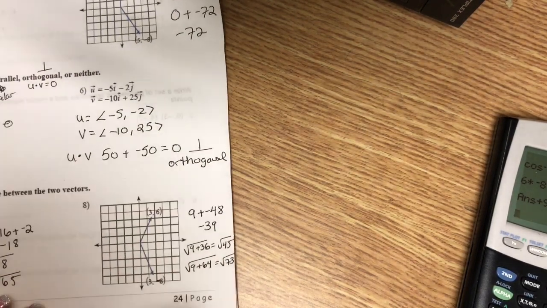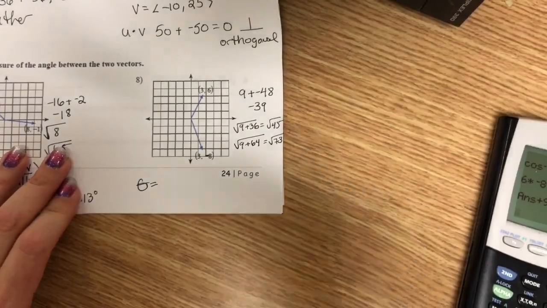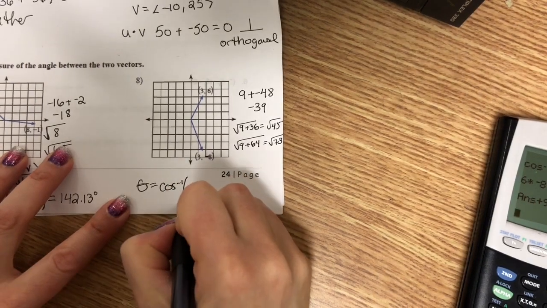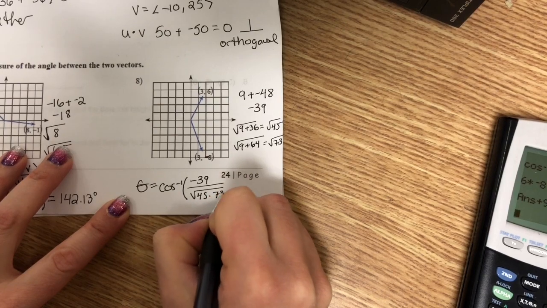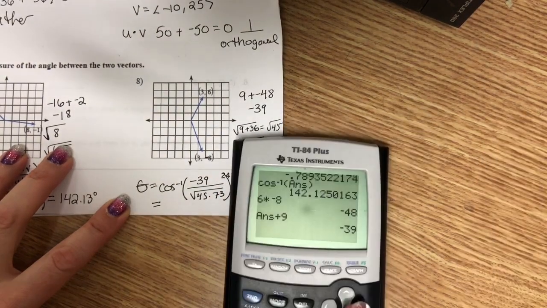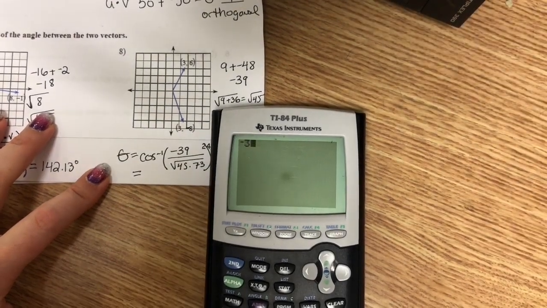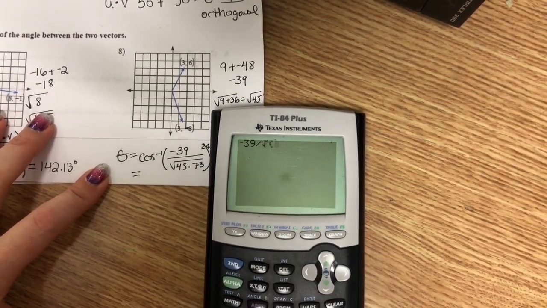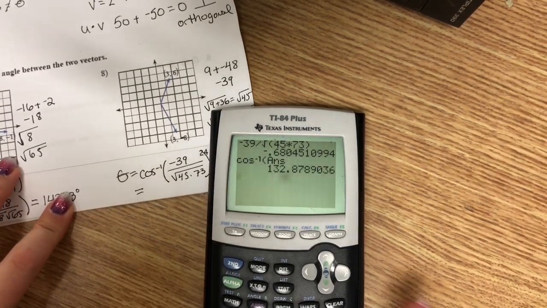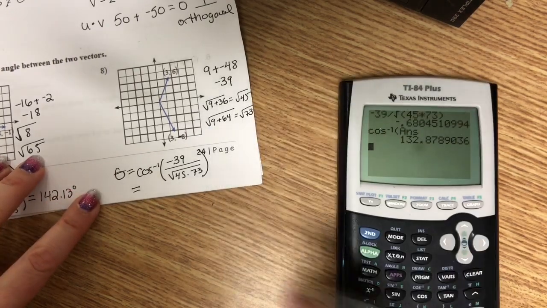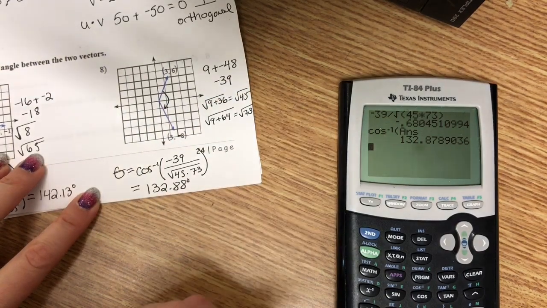Okay, so our angle is cosine inverse of negative 39 over the square root of 45 times 73. Negative 39 divided by the square root of 45 times 73. Cosine inverse of that answer is 132.88 degrees. So that's this angle in between.